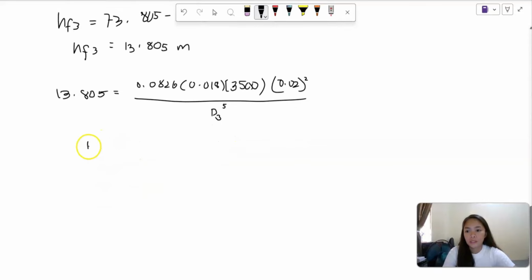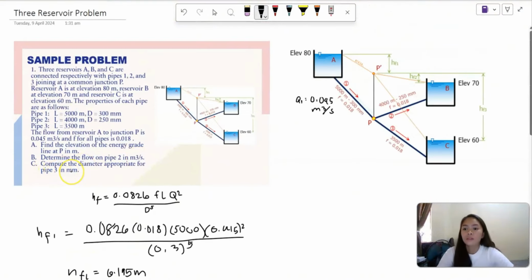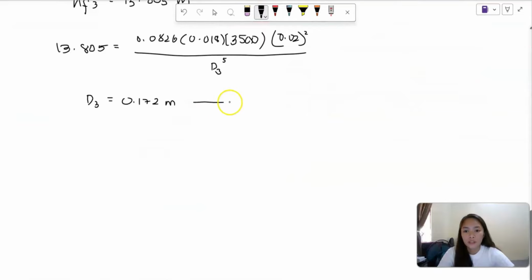So, shift solve in the calculator, we can get the diameter of pipe 3, 0.172 meters. But in the problem, it must be in terms of millimeters, so we will convert this into millimeters. 1 meter equals 1,000 millimeters. So D sub 3, or the diameter of pipe 3, is 172 millimeters.